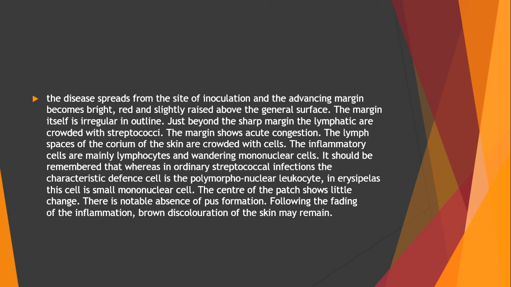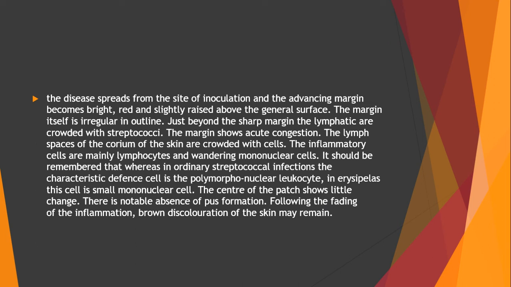The disease spreads from the site of inoculation, and the advancing margin becomes bright red and slightly raised above the general surface. The margin itself is irregular in outline. Just beyond the sharp margin, the lymphatics are crowded with streptococci. The margin shows acute congestion. The lymph spaces of the corium of the skin are crowded with cells.